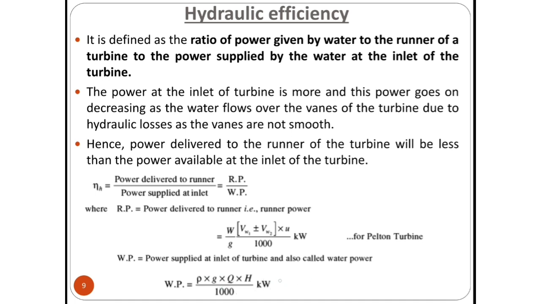The answer will be in kilowatts, where rho is 1000 for the water, g is 9.81, q is the discharge, and h is the head. So that is the hydraulic efficiency. Hydraulic efficiency is the ratio of runner power divided by water power. Runner power is nothing but the work done by the turbine.